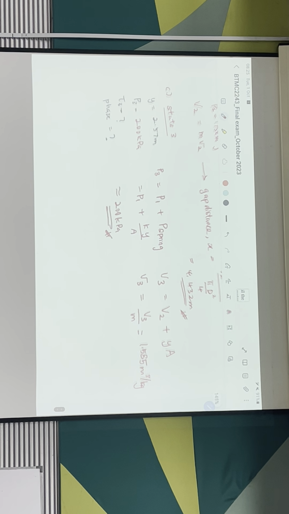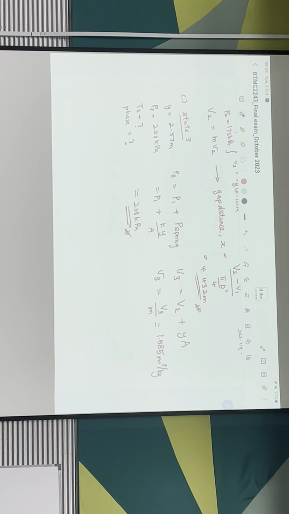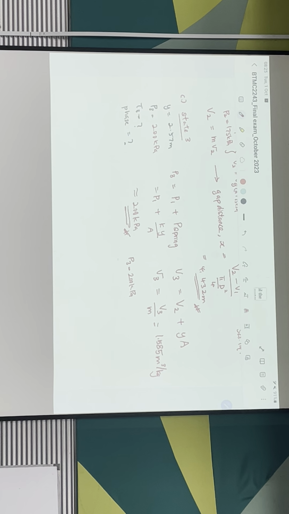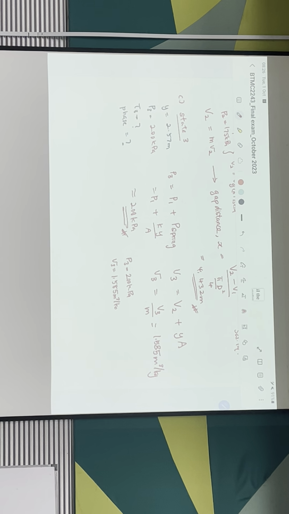So then from here, we get P3 equals to 200 kilopascal, specific volume 3 equals to 1.585 meter cube per kg.